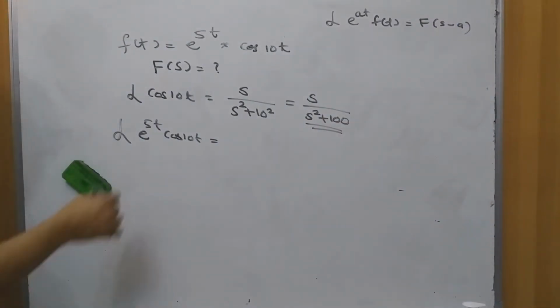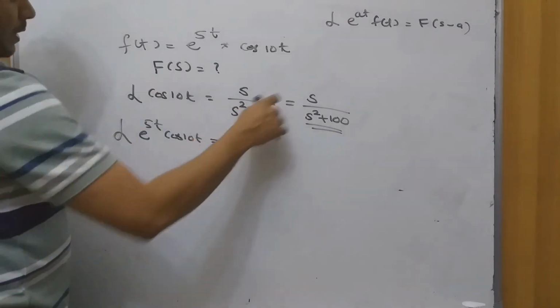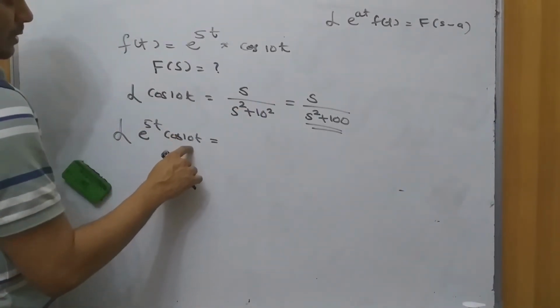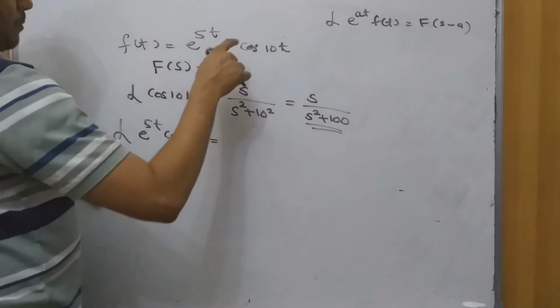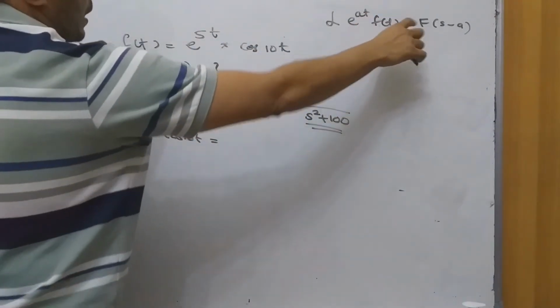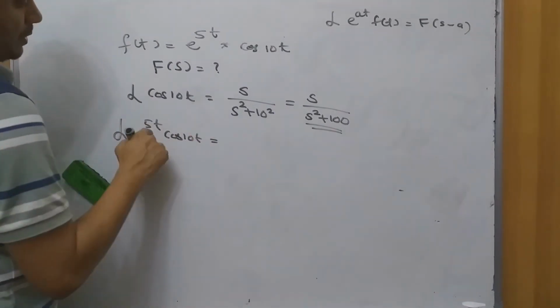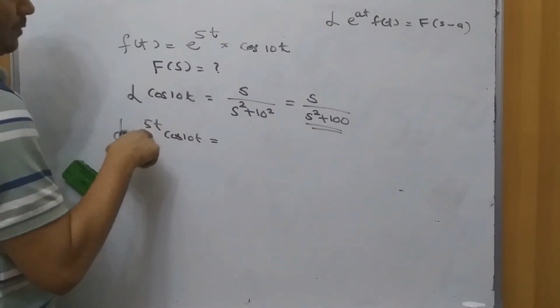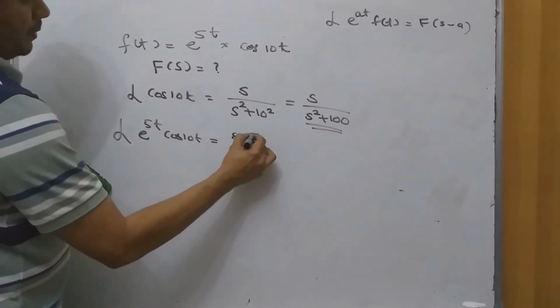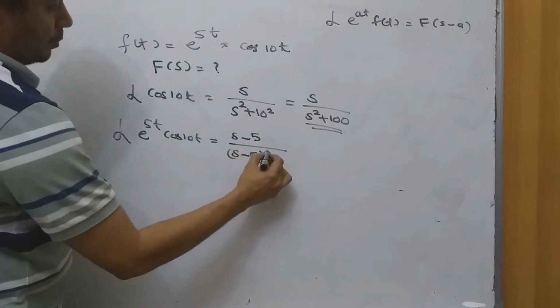Which means that if you multiply this function by e raised to at, then in the result, wherever s is there, s has to be replaced by s minus a. In this case it is supposed to be s minus 5. So since it is multiplied by e raised to 5t, our s becomes s minus 5, divided by s minus 5 whole square plus 100.